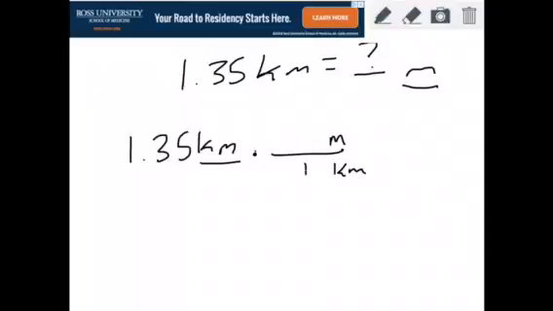We know that 1 kilometer is the biggest unit here out of meters and kilometers, so we're just going to put the 1 by that. Also, our units cross out, and we know there's 1,000 meters in 1 kilometer. So what we do is just multiply across, and what we should come up with is 1,350 meters as our answer.